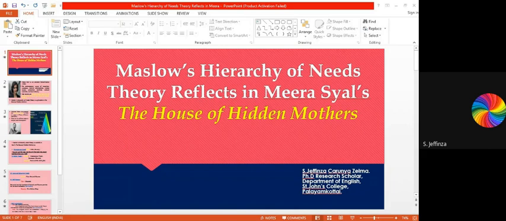Next, we are going to see about love and belonging needs. When the basic needs, the physiological needs, are satisfied, love and belonging needs are going to be obtained. Love and belonging needs is the third level of human needs.